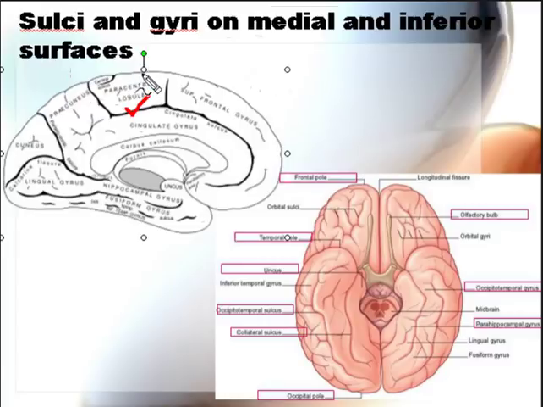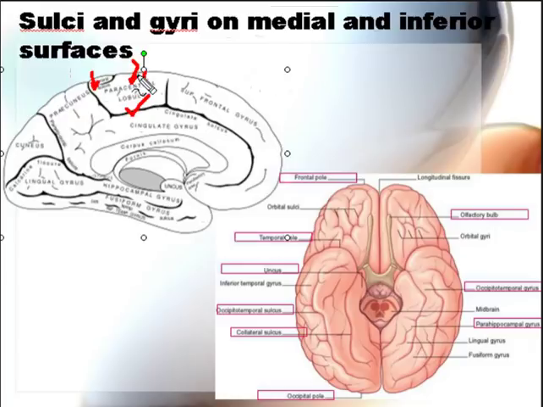So this paracentral lobule contains both motor and sensory parts. The postcentral gyrus spills over on the medial aspect and the precentral gyrus also spills over on the medial aspect. So that's what I meant by you see both the motor and the sensory parts in the paracentral lobule.